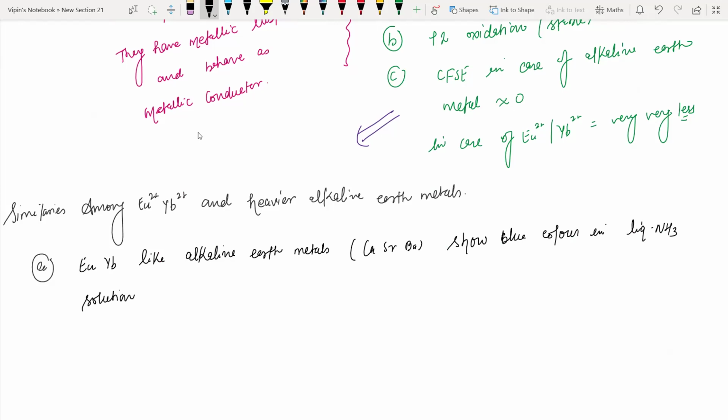Alkali metals and heavier alkaline earth metals show deep blue color in liquid ammonia solution. A similar kind of color is shown by Eu and Yb. Why is this so? Because of these similarities.